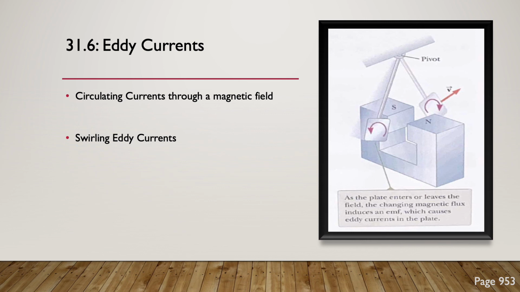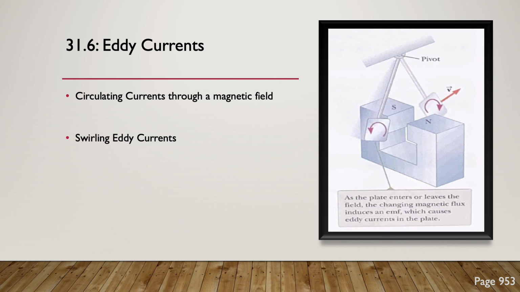As the plate enters the field, the changing magnetic flux induces an EMF in the plate, which in turn causes the free electrons in the plate to move, producing the swirling eddy currents. According to Lenz's law, the direction of the eddy currents is such that they create magnetic fields that oppose the change that causes the currents.